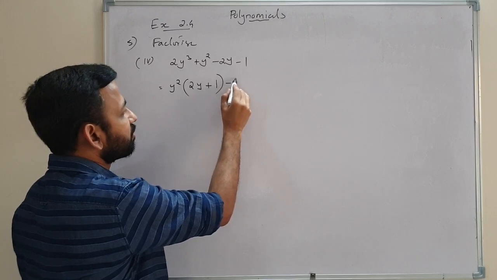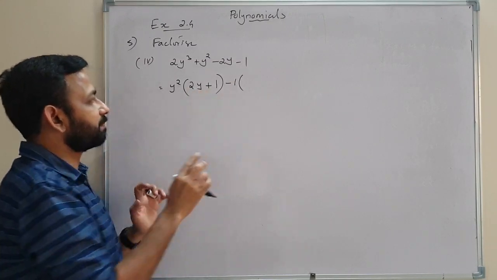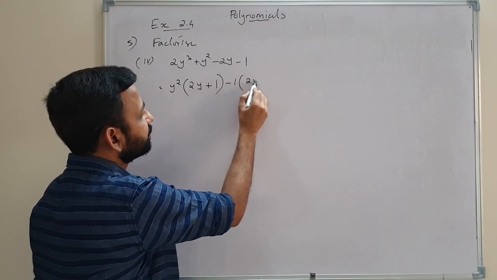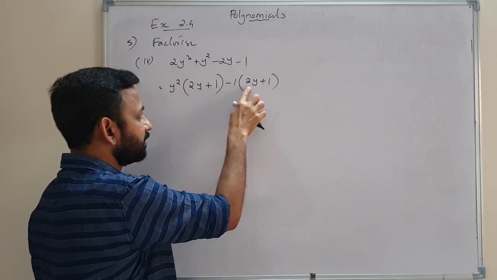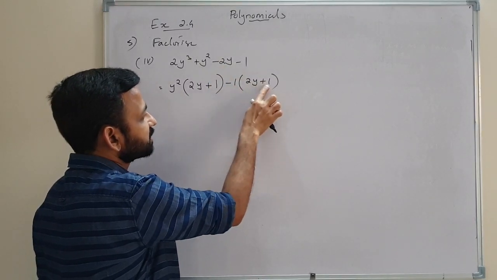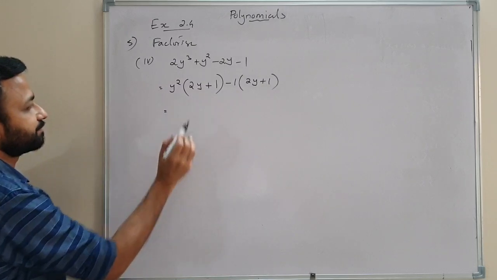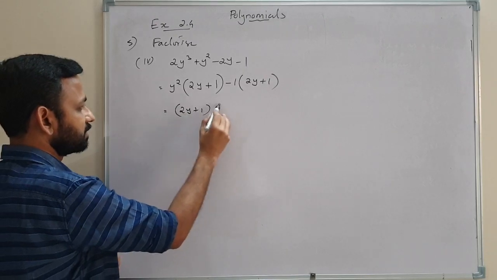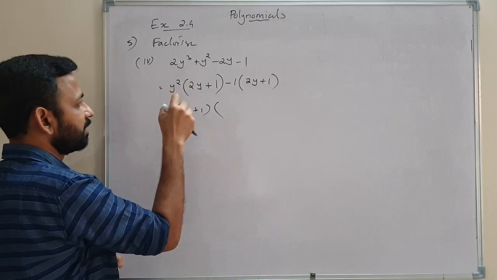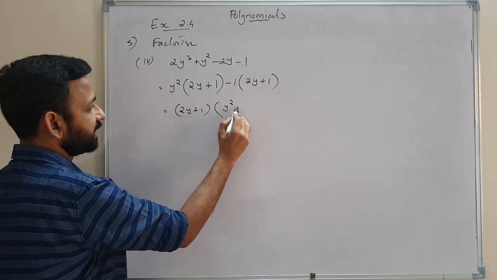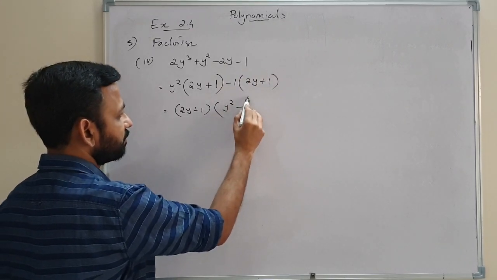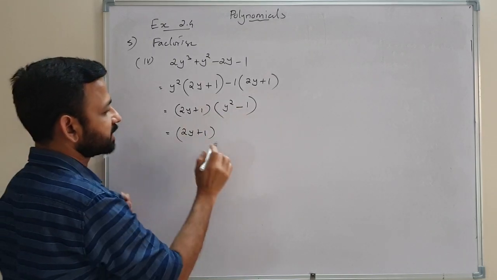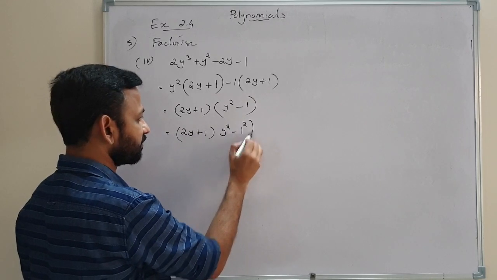Now we take minus 1 common because we want to get the same expression 2y plus 1 inside the bracket. So we take minus 1 common, then 2y plus 1. Again verify: minus 1 into 2y is minus 2y, minus 1 into plus 1 is minus 1. Now we have 2y plus 1 common. Taking 2y plus 1 outside, y square remains, minus 1 remains. Then 2y plus 1 into y square minus 1, that is y square minus 1 square.